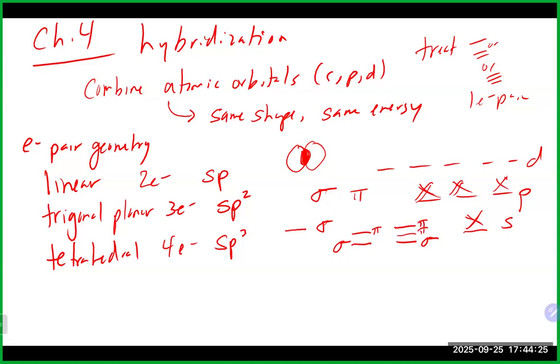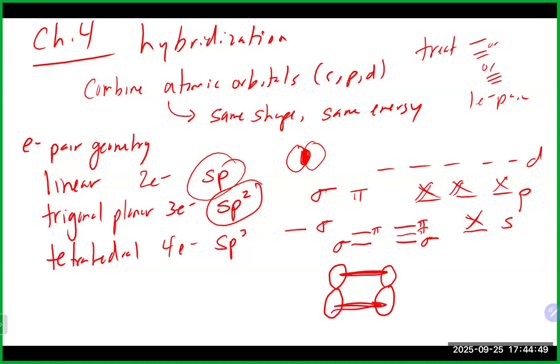And pi bonds are a result of the unhybridized p orbitals. When we do sp or sp2 hybridization, we have some unhybridized p orbitals, and they overlap sideways, above and below the plane of the molecule. This is what makes up a pi bond.